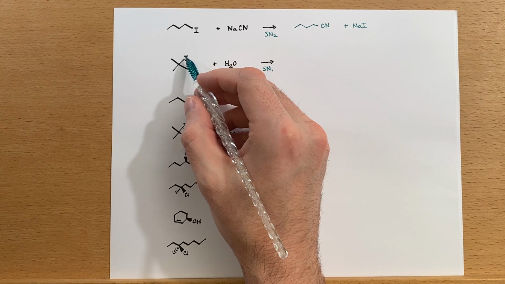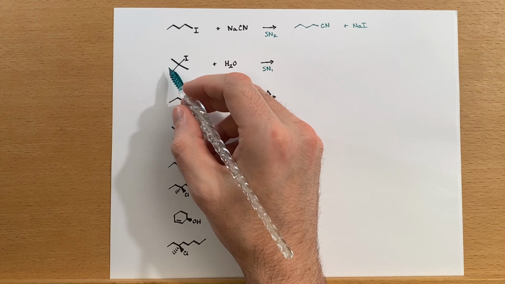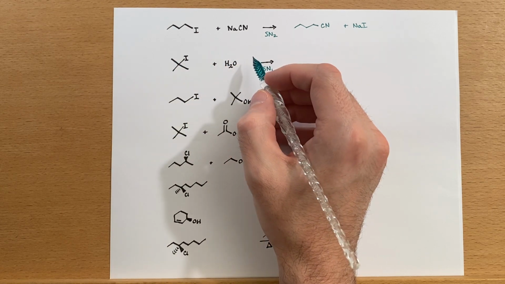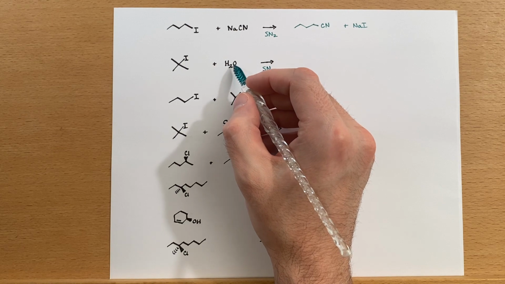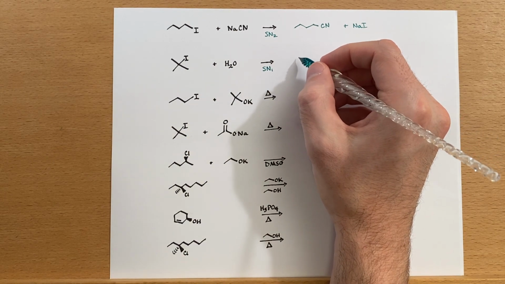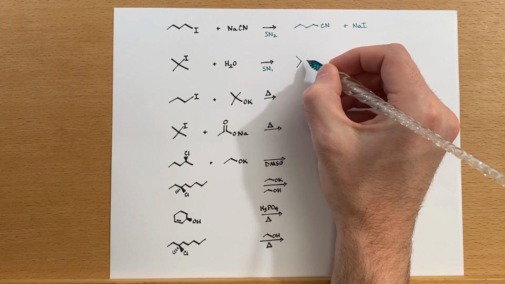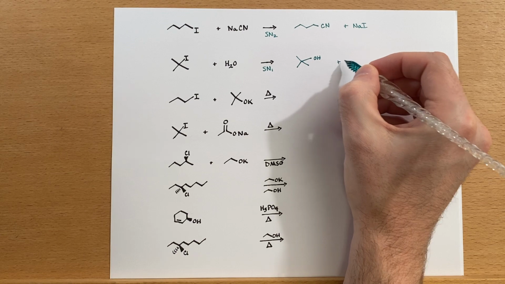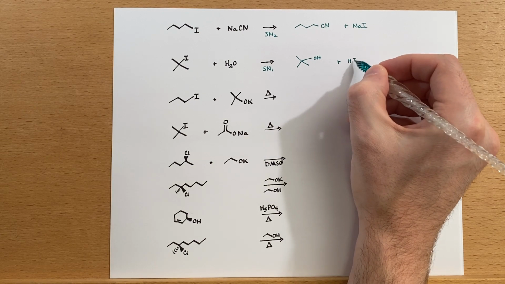This is going to leave off, make our carbocation intermediate. Then we'll have our nucleophile come in and attack. It's a little bit easier for that to happen. And we should end up with the alcohol. And some HI.